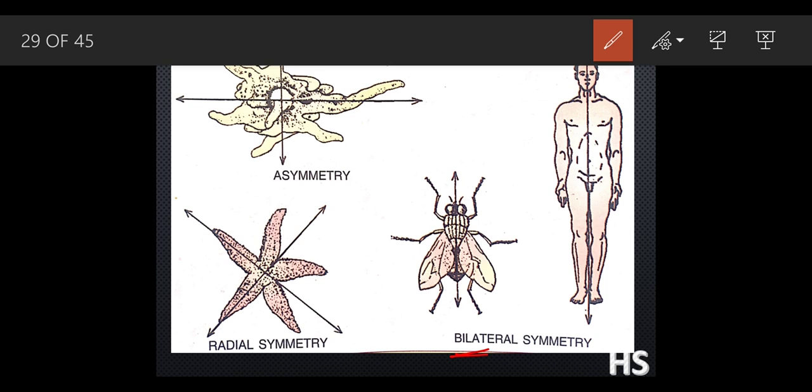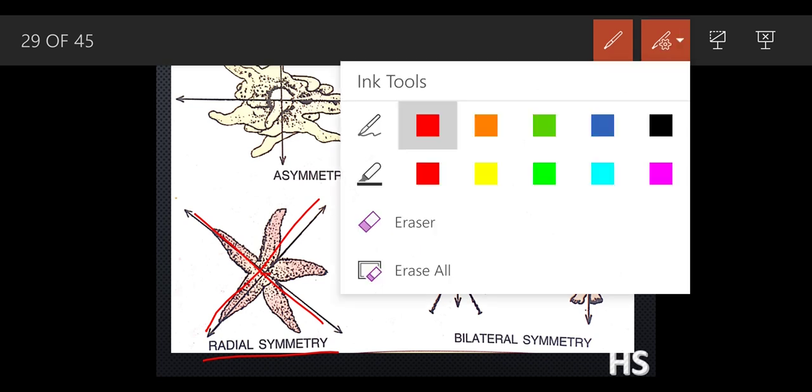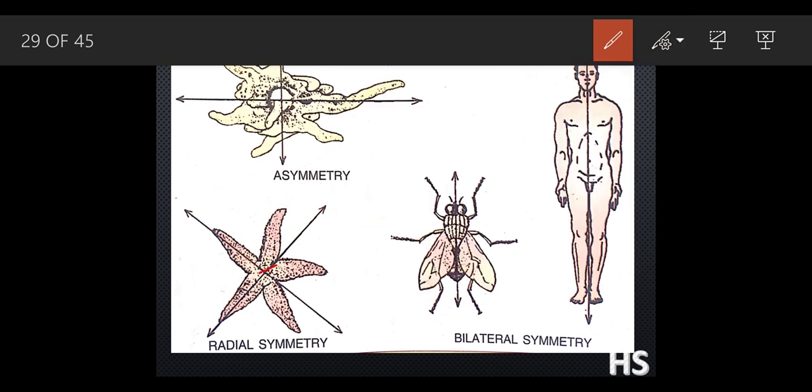And now we are going to talk about the starfish. Starfish is radially symmetric in nature. What do you mean by radially symmetrical? See, from the center it can be divided into five equal parts. I have cut the starfish like this, so it has been equally divided. When we divide from the radius, the radius meaning from this center part, it gets equally divided into equal halves.